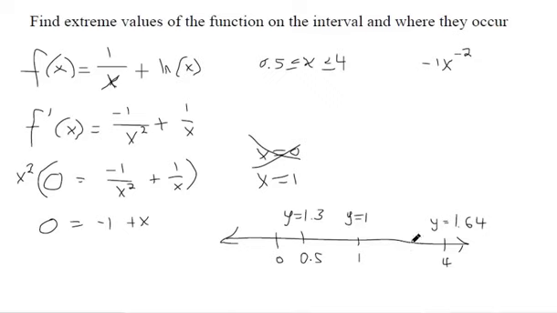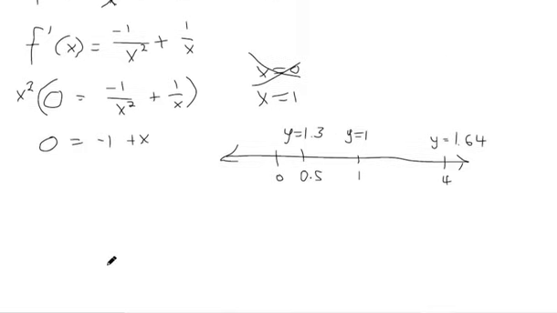Y equals 1 is our minimum value, because it's lower than all the other potential places where we could have mins or maxes. It's 1.3 here, it's 1 here. It has to be decreasing to go from here to here because there are no other critical points in between. Y equals 1 is here, y equals 1.64 is here, so it has to be increasing between them.